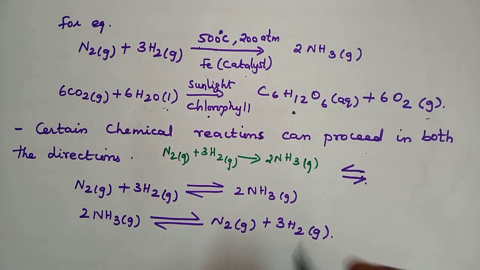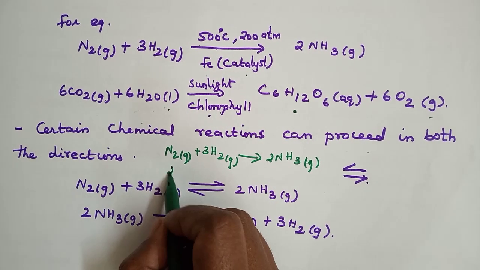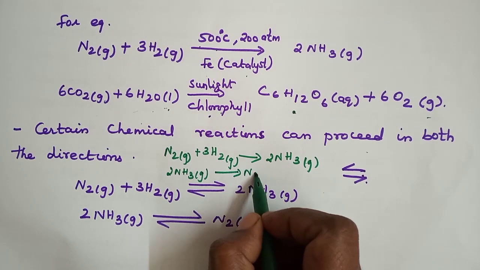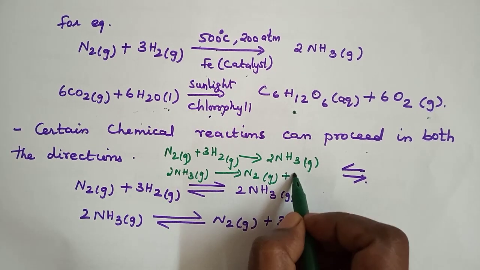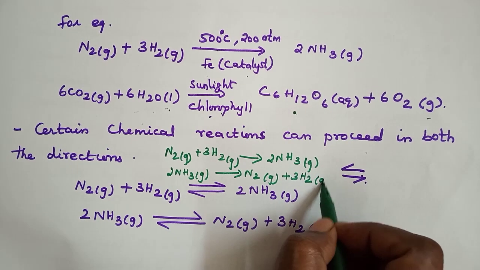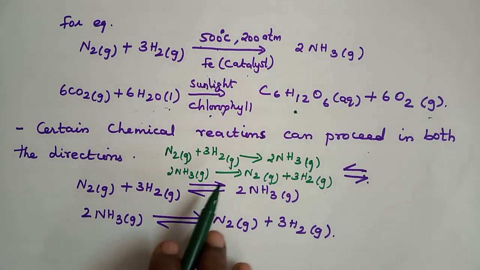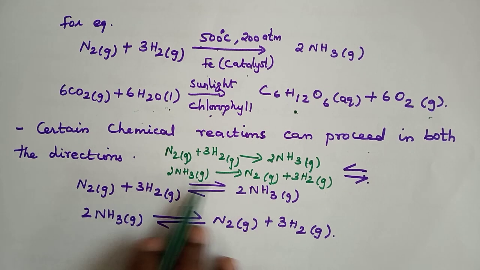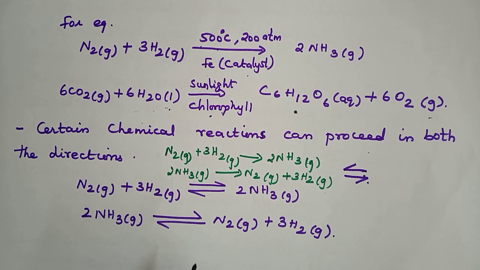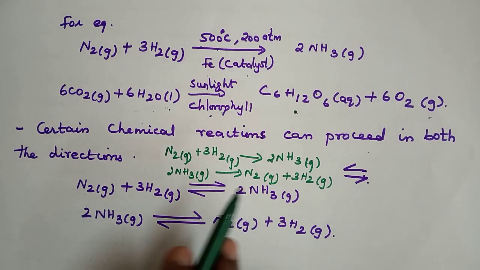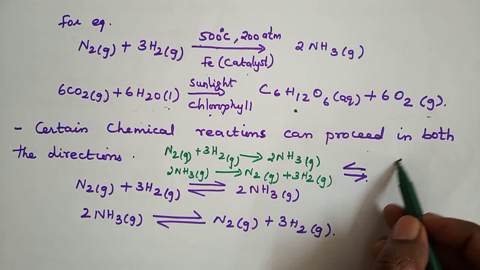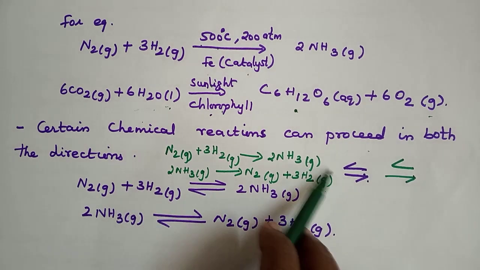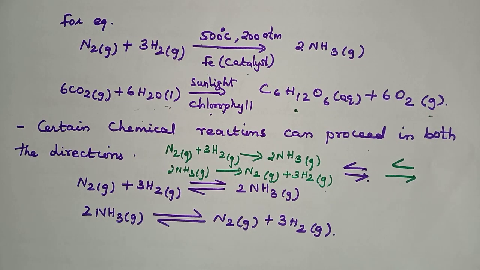And again from these 2 ammonia molecules, we can get N2 plus 3H2. So this is called a reversible reaction. Such reactions are also called reversible reactions and are indicated by a symbol like this. It can be reversed from here to here.